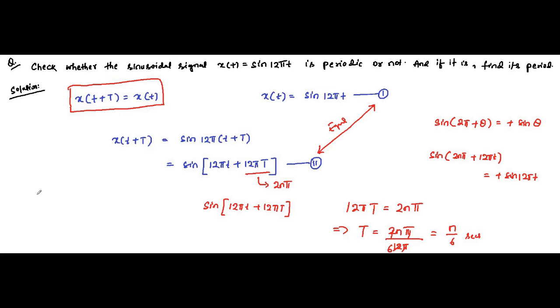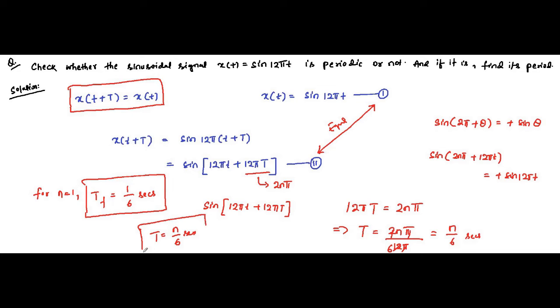When we take the smallest possible value n equals 1, the fundamental time period becomes 1 by 6 seconds. So the fundamental time period is 1 by 6 seconds, and the general expression is T equals n by 6.